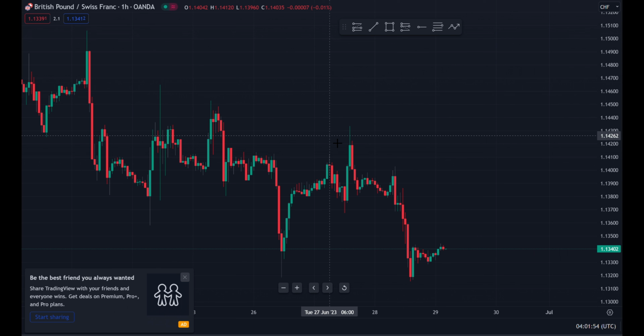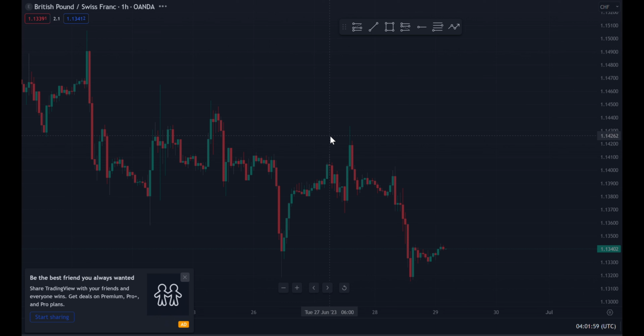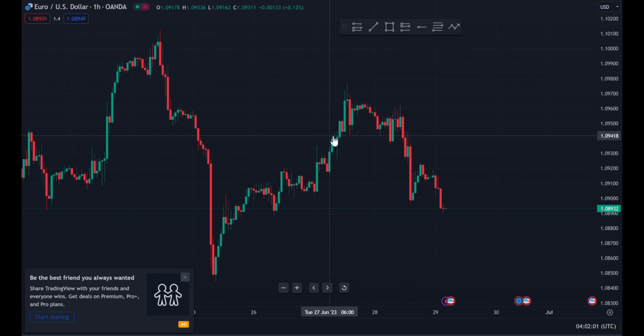Rally base drop. This is a live market. I'm seeing this as a rally base, and this is a drop.